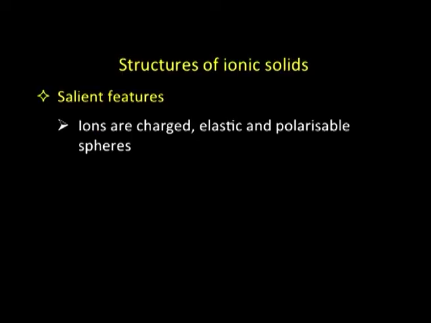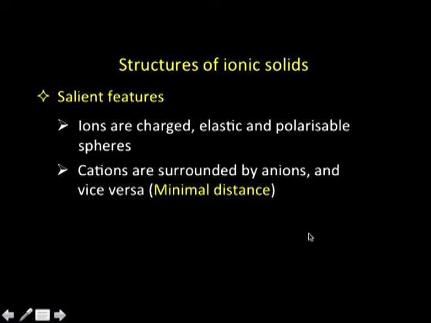Now, let us move further and look at some of the salient features of ionic solids. The first and foremost thing is that the ions are taken to be charged, elastic and polarizable spheres, and the cations are surrounded by anions and vice versa. That means, in any ionic solid, you have cations and anions, and how are they packed together? The cations will be surrounded by anions, and anions in turn will be surrounded by cations, because that is how electrical neutrality comes into play.